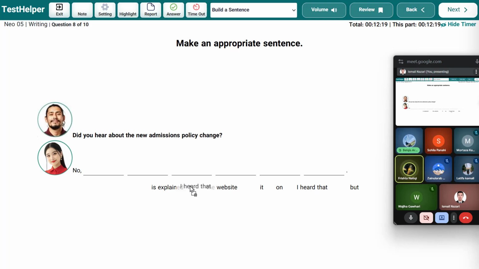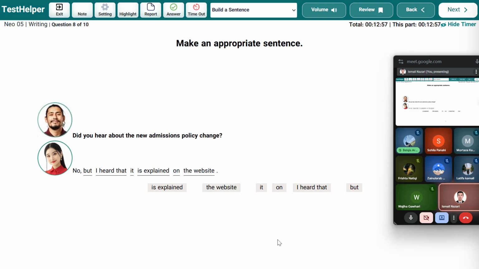No, but I heard that it is explained on the website. That's a good but one. We have got that. It shows the contrast because it's a contrast for no.